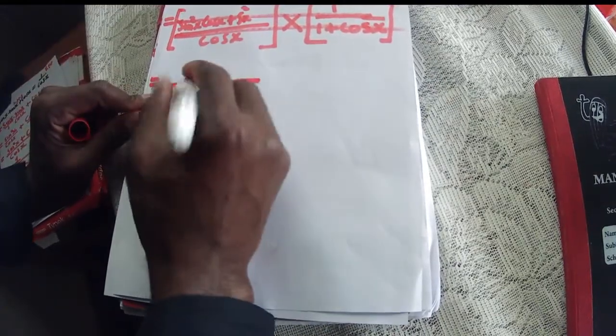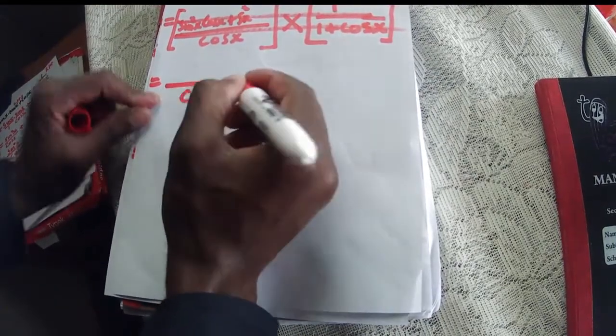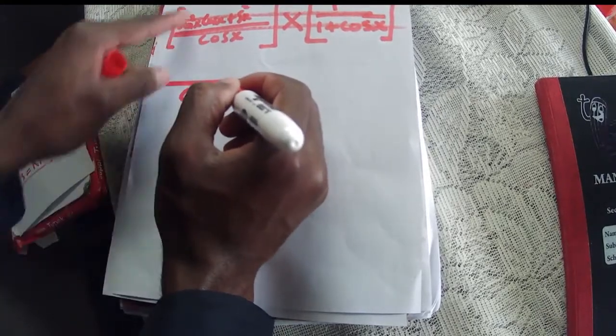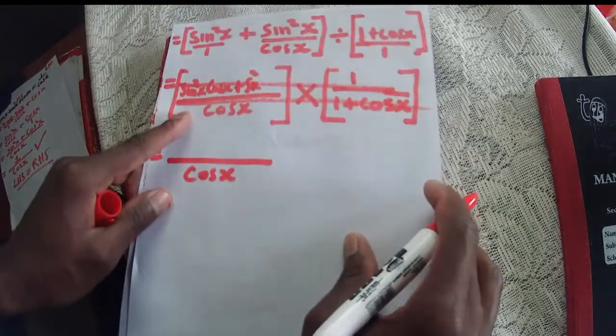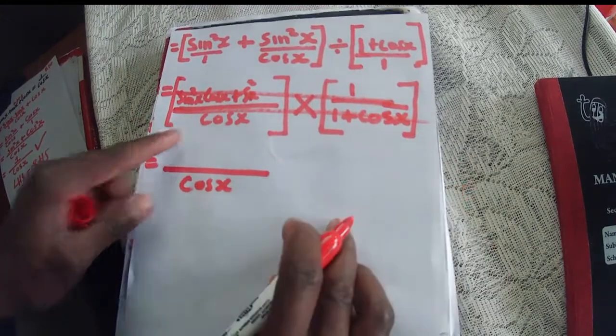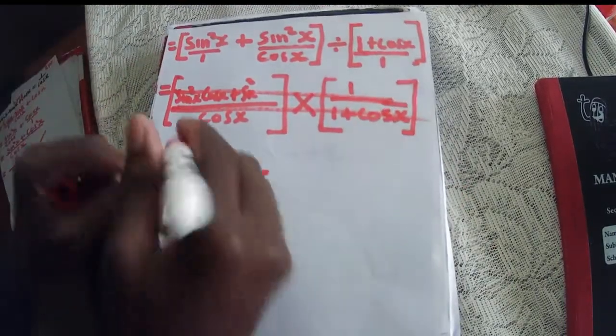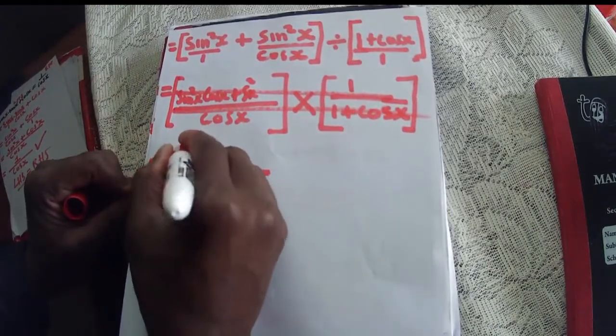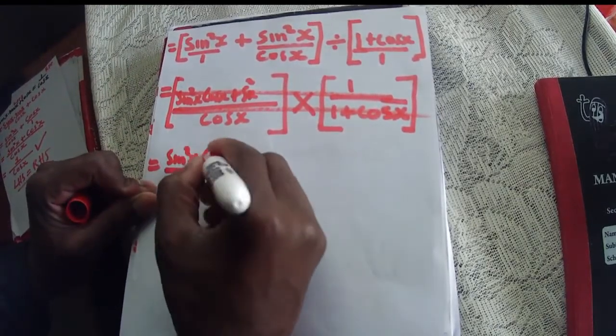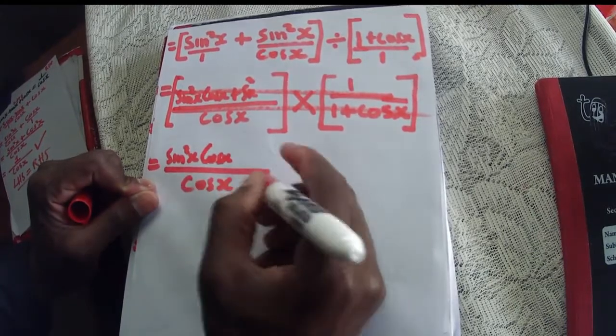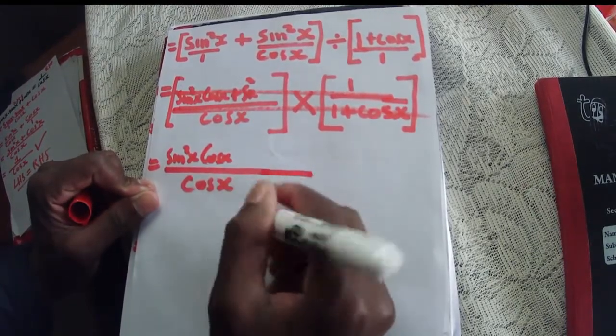So divide by cos of x. So this divide by that. I hope you can see now. So this divide by 1 is cos x, then I multiply by that. So I'm gonna get sine squared x cos x. Let's go ahead.